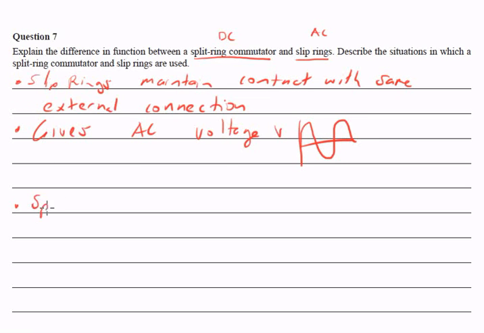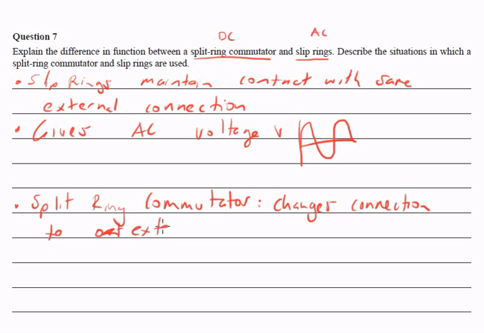And then we've got the split ring commutator. And the split ring commutator changes connection to output, or external we'll call it, contacts every half cycle.